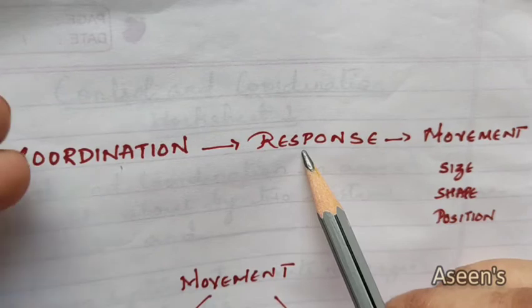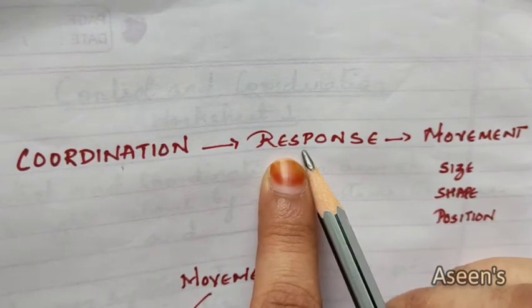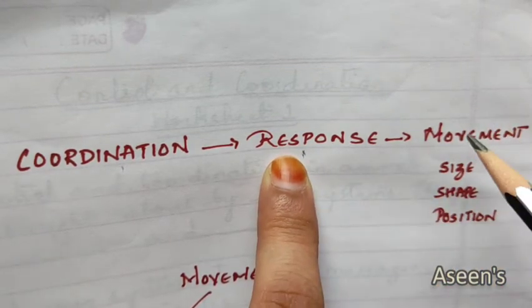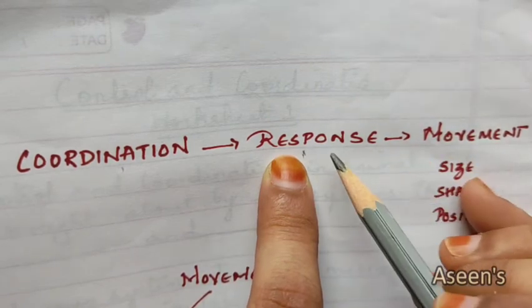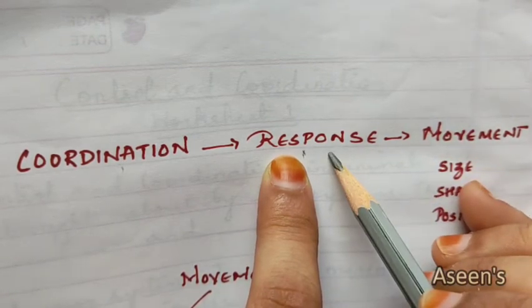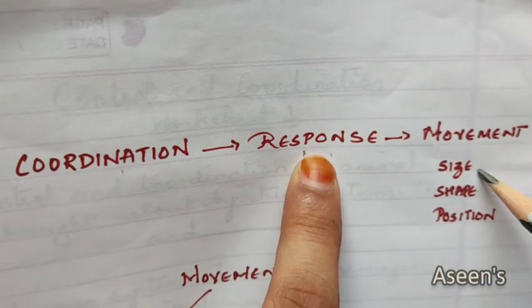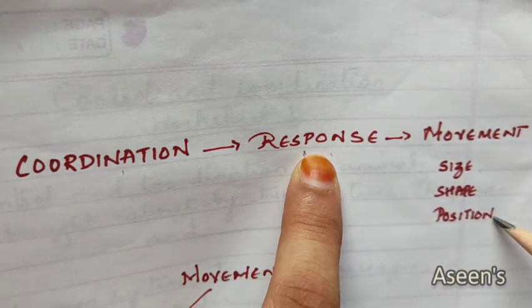You can identify control and coordination only with the help of the responses given by your system. And a response is detected by a movement. If there is a movement, this shows that a response has been given. A movement might be in the form of a change in size, change in shape, or change in position.